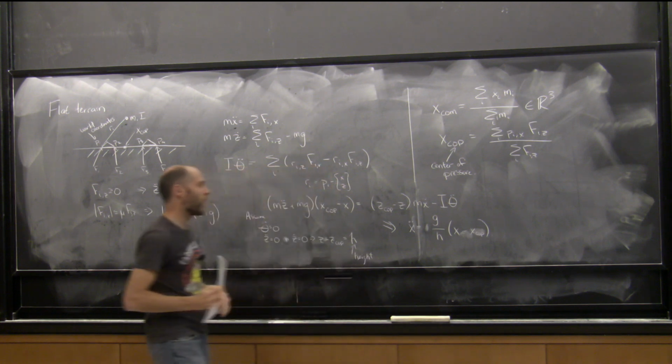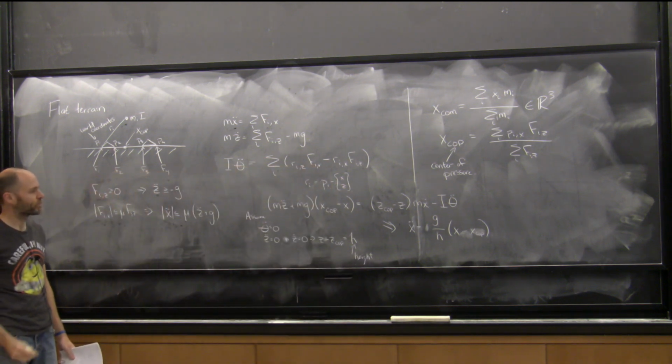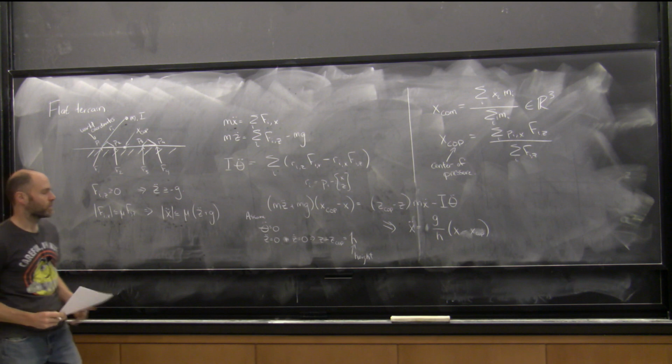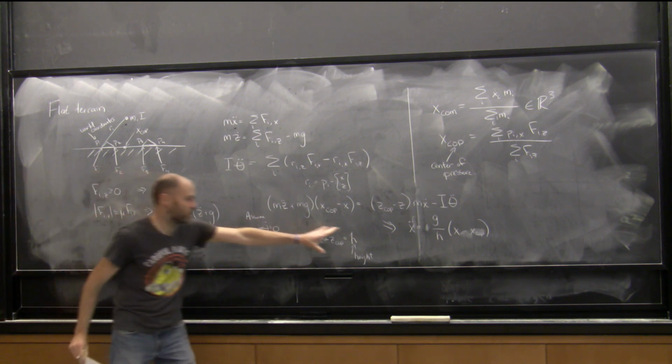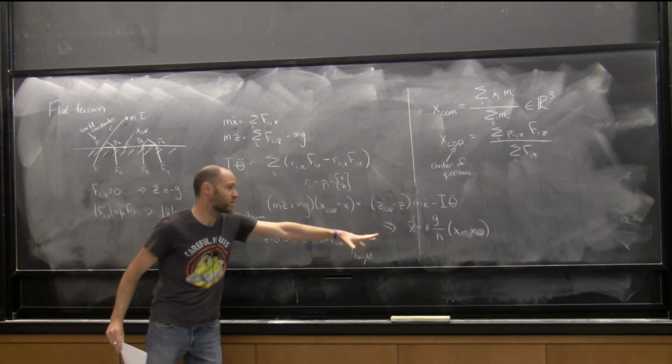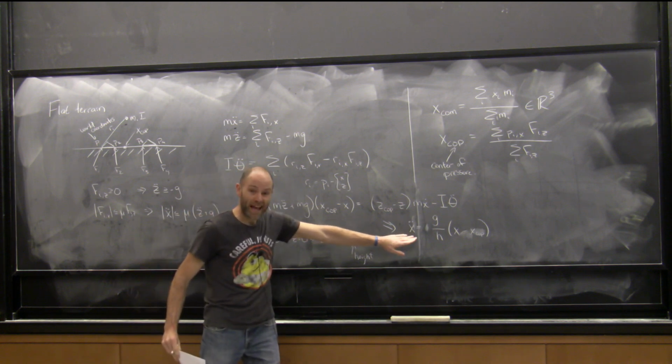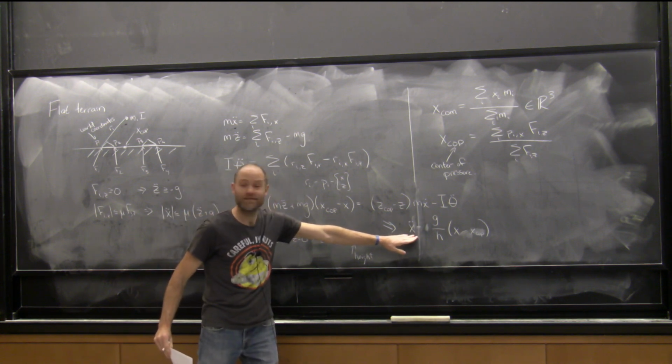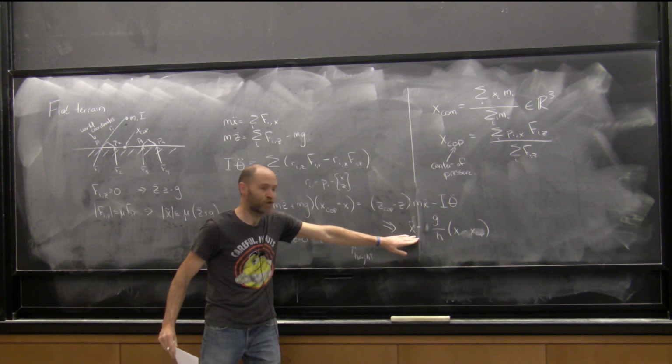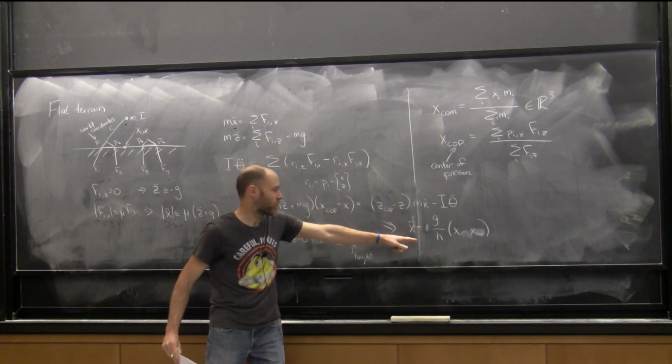Okay? Sorry for the algebra, but I wanted you to see where that comes from. And it's actually a big deal. This says so much about what governs the way our robots walk today.